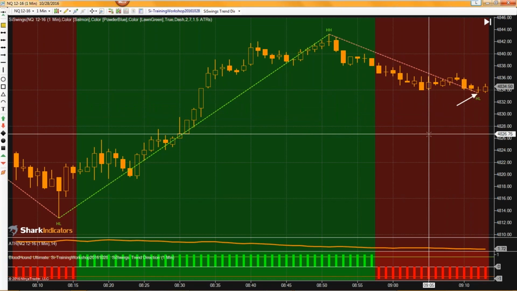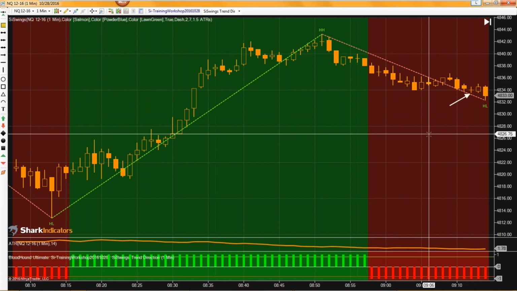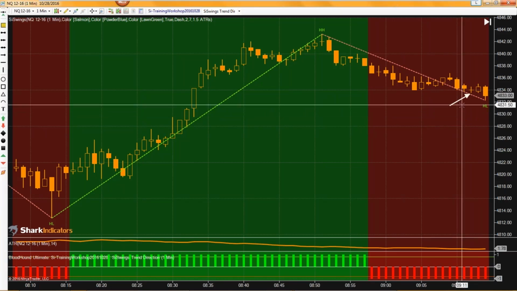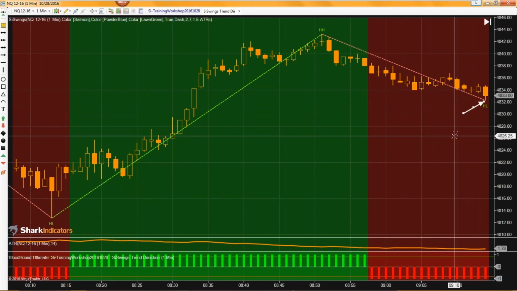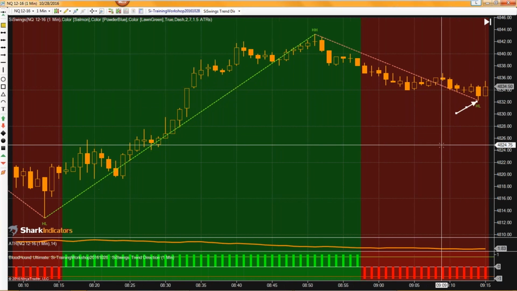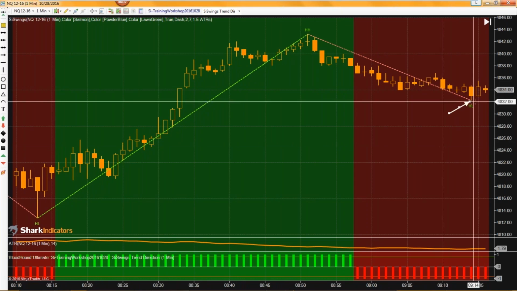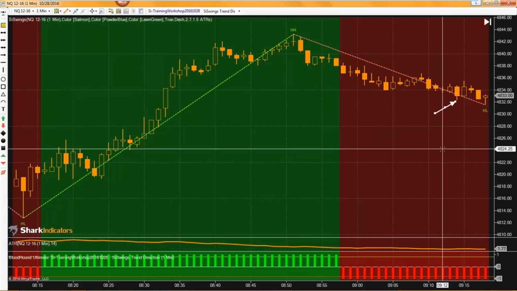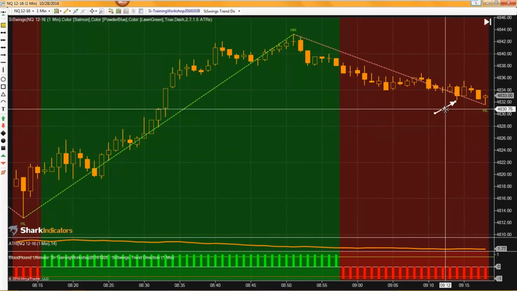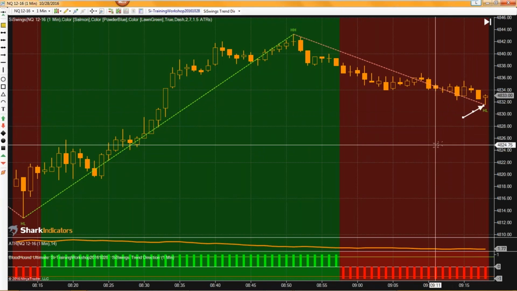Now if I use the arrow key on my keyboard, I can step forward. And so now all of a sudden the indicator updated itself, and now that's the higher low. You can see the indicator is not doing anything right now because there's no newer low point made. And now a new low was just made, so the indicator updated itself.